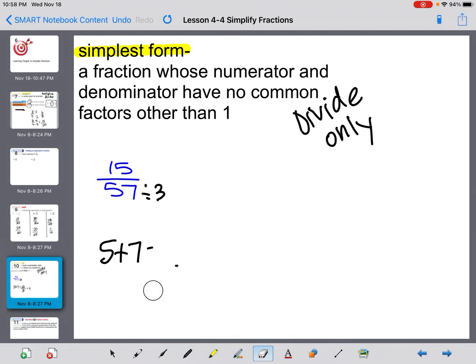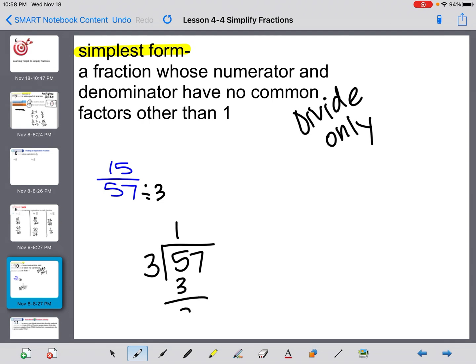I can also divide 57 by 3. Now I don't know 57 divided by 3, so I'm going to need a side problem. Turns out it's 19.